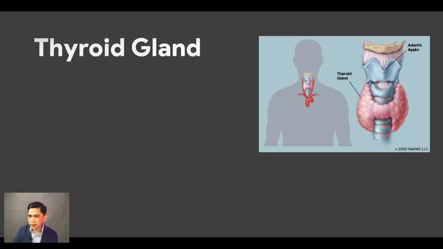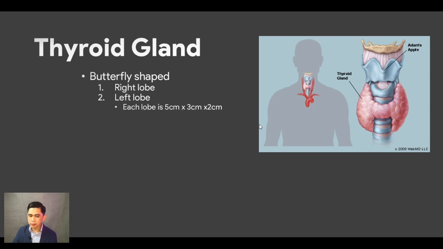So this is the thyroid gland. Okay, this one. Now, the thyroid gland is a butterfly-shaped gland. It is composed of the right thyroid lobe and the left thyroid lobe. Each of them is around 5 centimeters by 3 centimeters by 2 centimeters in dimension.